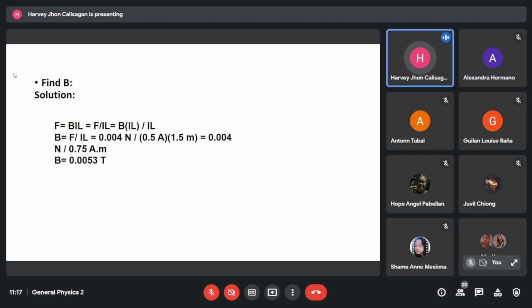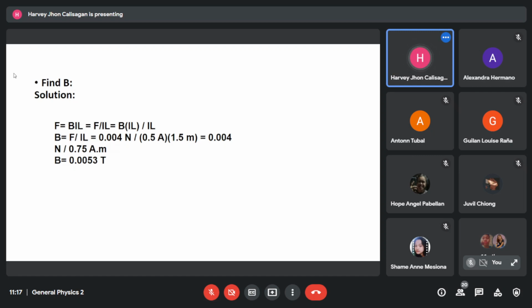Okay? Naka-follow ba sa process? Okay. Now, after deriving a new formula, let's now have the substitution. So we have 0.004 Newton for the force divided by our current, which is 0.5 ampere, times our length, which is 1.5 meter.